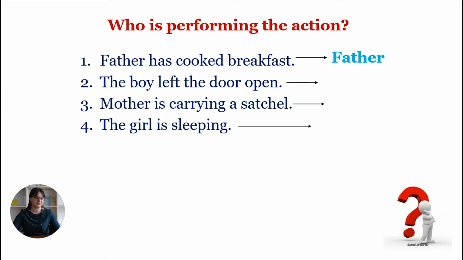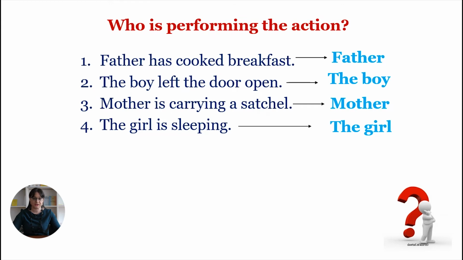Correct, father. How about the second? Yes, the boy is the one who does the action. Number 3. Mother. Number 4. The girl. A sentence usually begins with the performer of the action.